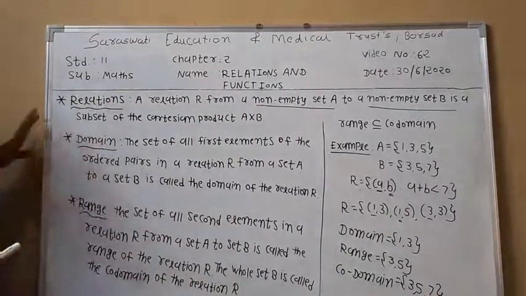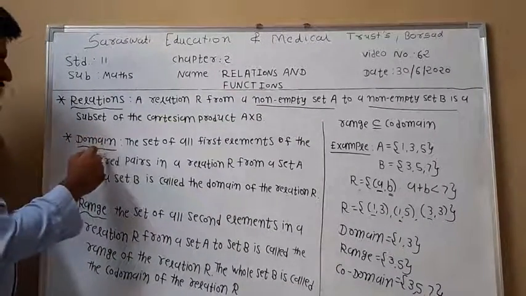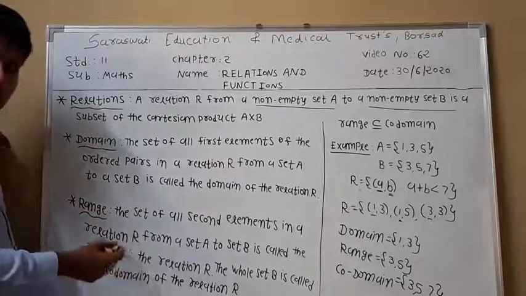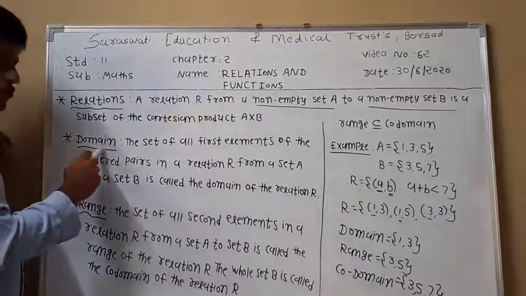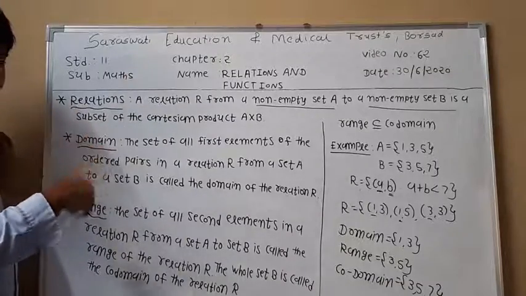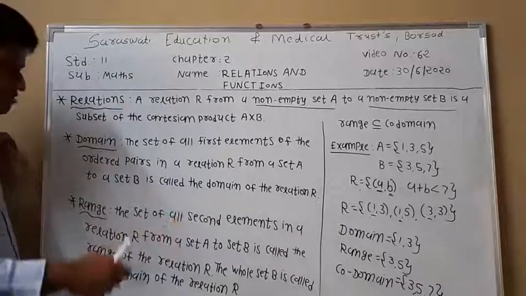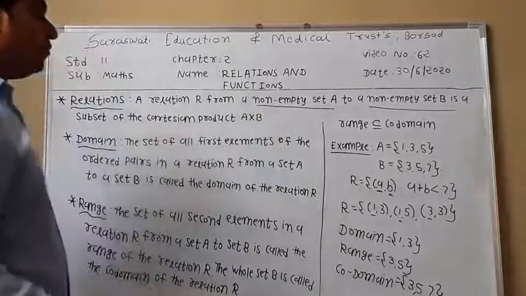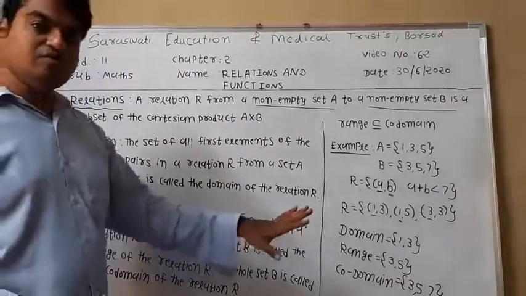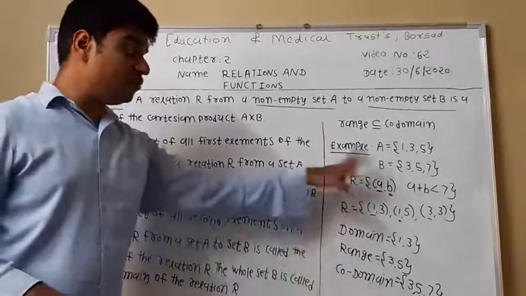Clear? So relation, domain, range and codomain. In this topic, remember domain means the first position, range means the second position, and codomain means all the elements of set B.